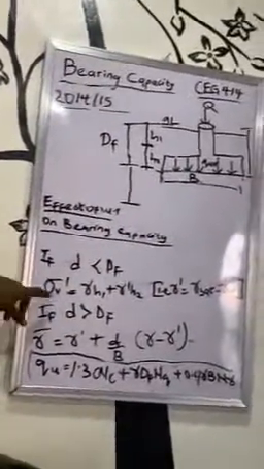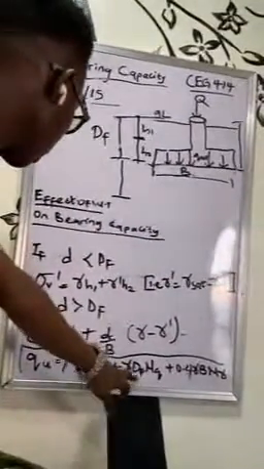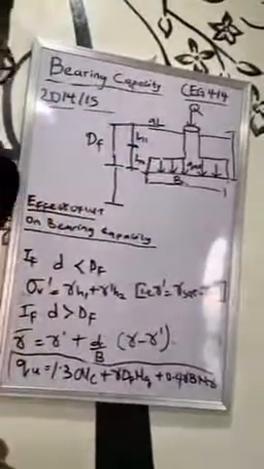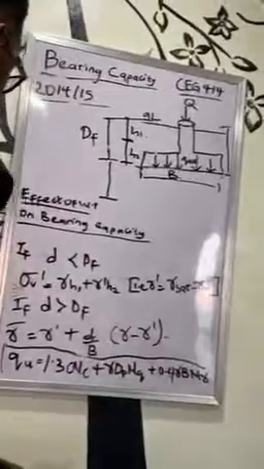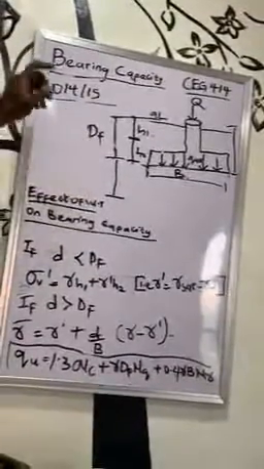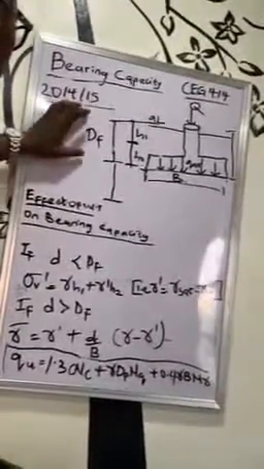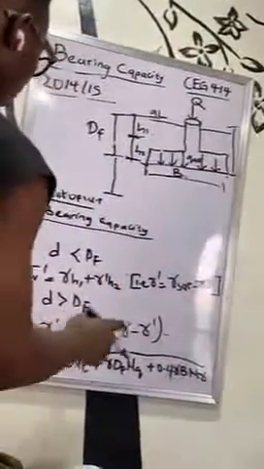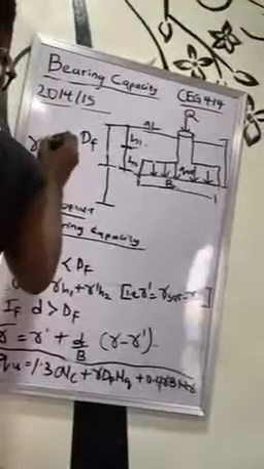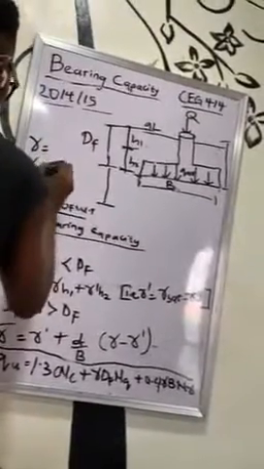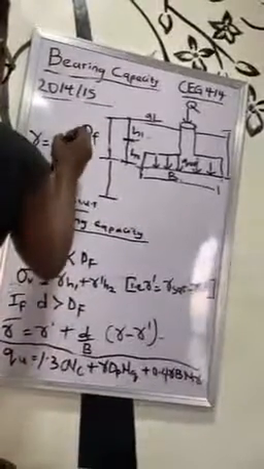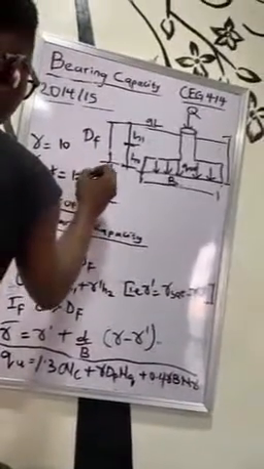The overburden pressure, which stands for gamma DF here, will change. So let's say we had a gamma of 10 and a depth of 2, and before there would have been 10 times 2. Because of the effect of the water table, from this point down, for the entire H2, your gamma will change from 10, which is your moist unit weight, to become the saturated unit weight given in the question. So let's say we have 10 here, and let's assume we have 12.5.